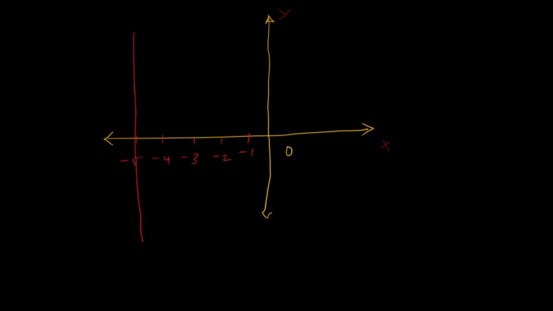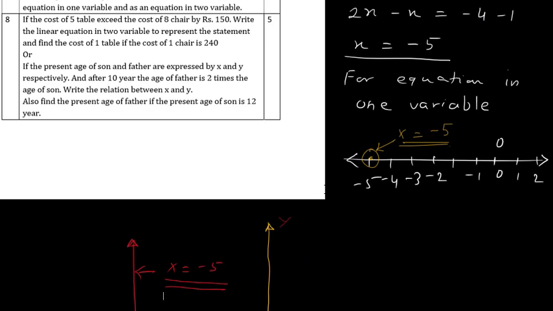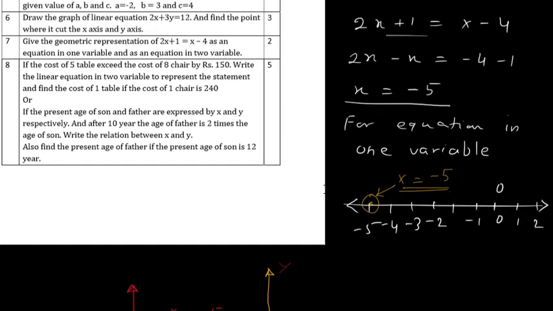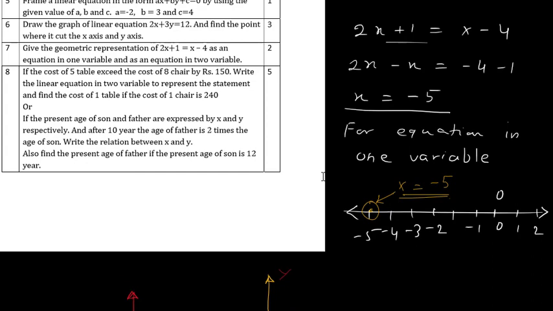I have a little problem to draw this straight line. So this is your x equal to -5. Now this is your graphical representation in two variables. When you draw a line in two variables, then you have x-axis and y-axis. When you draw in one variable, one line is sufficient.